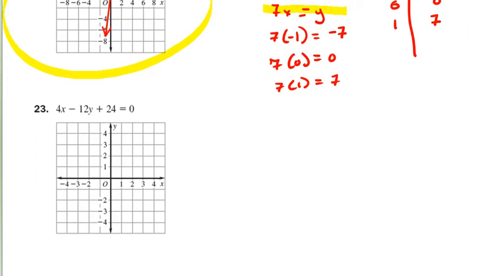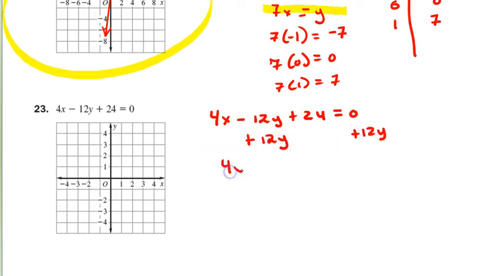So let's look at the next example. This one's a little more complicated. I have to start by putting it in function form. So I'm going to start by writing my equation, 4x minus 12y plus 24 equals 0. Again, I want to get y on one side, so I'm going to add 12y to both sides.